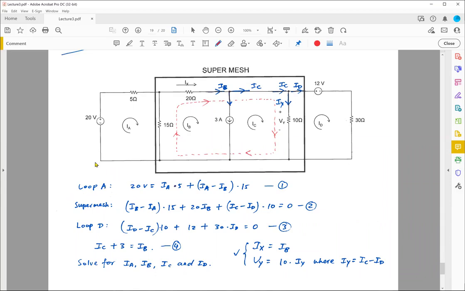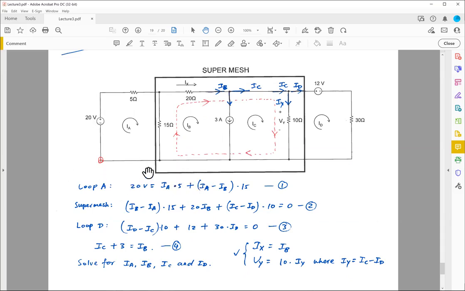So loop IA, this is my starting point going clockwise. Instead of -20, I'm just going to move that -20 to the other side, so 20 volts over here. I've seen enough examples, so I'm just going to do this in one step.